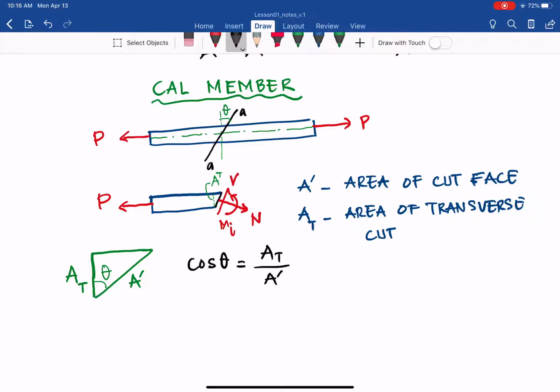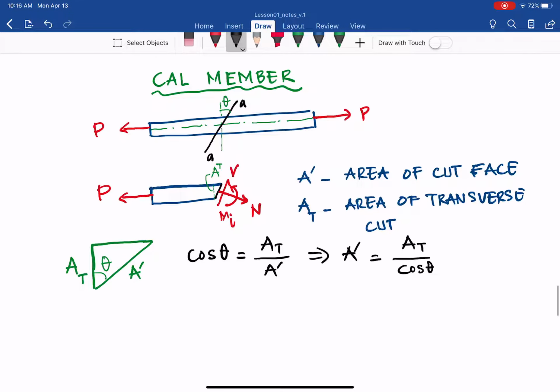From that, the area of the cut face A apostrophe equals the transverse area AT divided by cosine theta. And as you can see, A apostrophe is greater than AT.